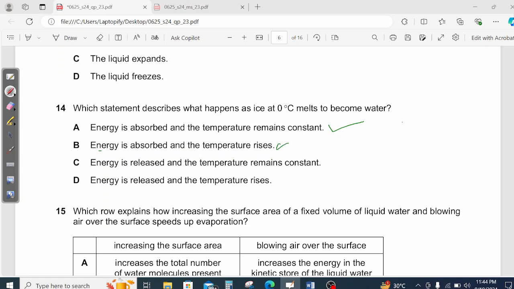No, it will rise only when all the ice has melted and converted into liquid. But here it is mentioned what happens as ice at 0°C melts. Energy is released, not released. So your option will be right.